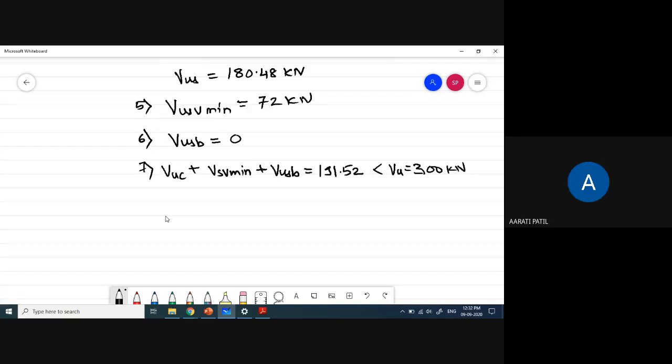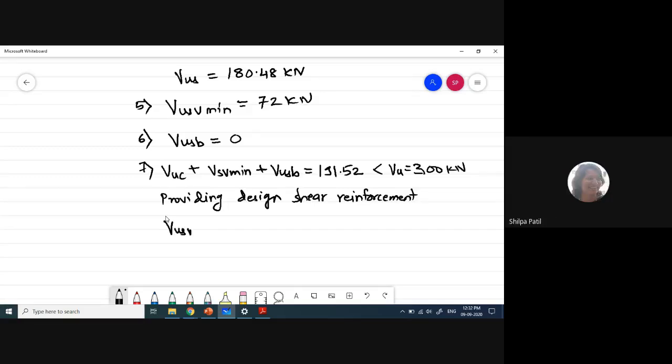We have to provide design shear reinforcement. So we have to calculate the VUSV value, which is equal to VUS, 180.48 kilonewton, as VUSB is 0. For this VUSV, we have to design the shear reinforcement.